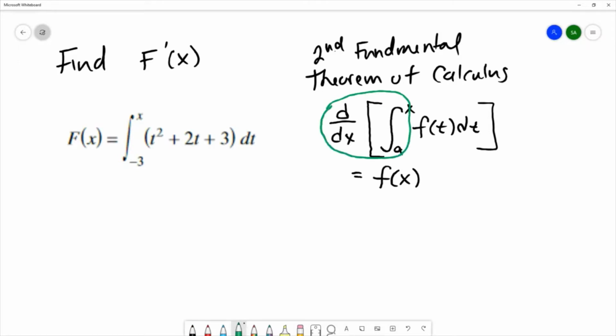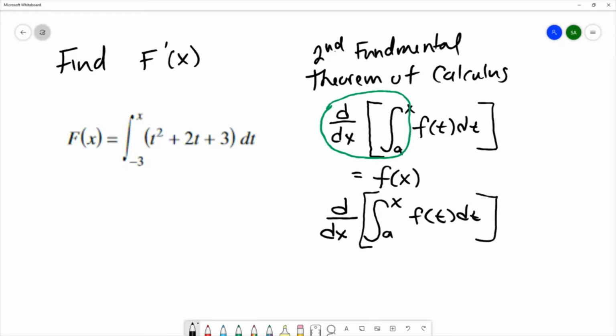Okay, now I'm going to go into a little bit more detail about that before we do this problem. So I'm going to rewrite this one more time. We've got the derivative of the definite integral from a to x of f of t dt.